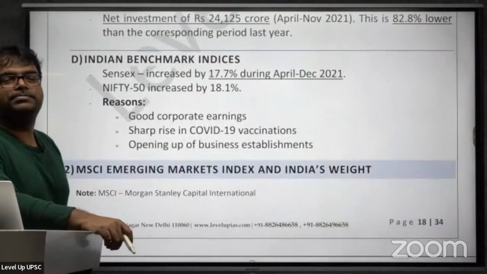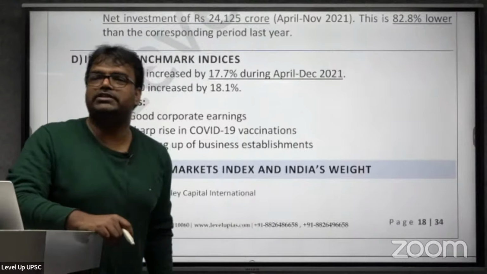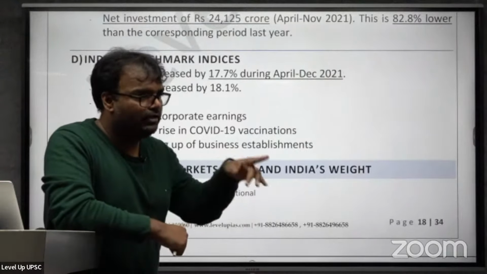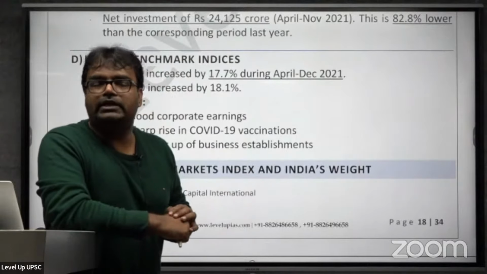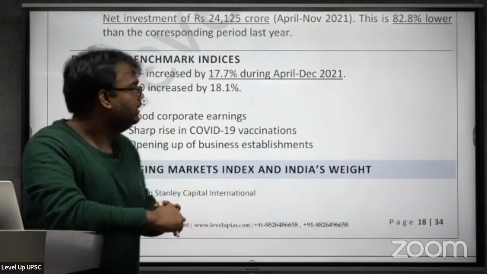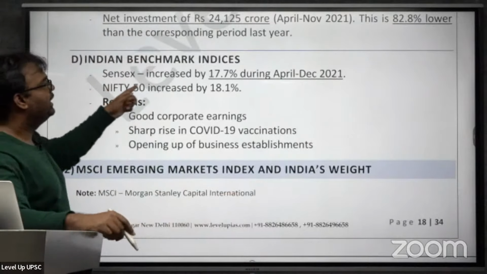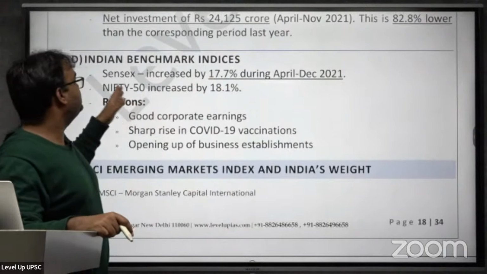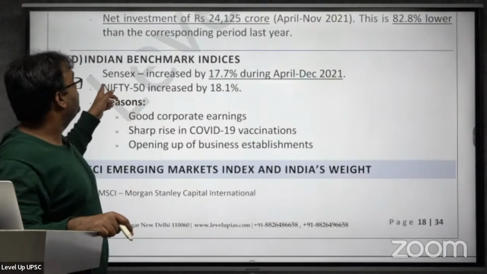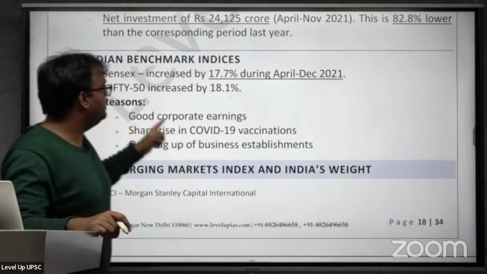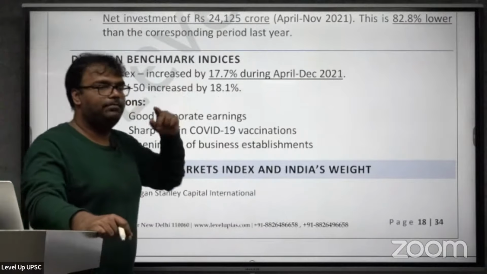Indian benchmark indices: BSE and NSE. In BSE we have the 30 largest companies of India listed. In NSE, in Nifty 50, we have 50 major companies. So Sensex has gone up by 17.7% between April to December, and Nifty has gone up by 18.1%.